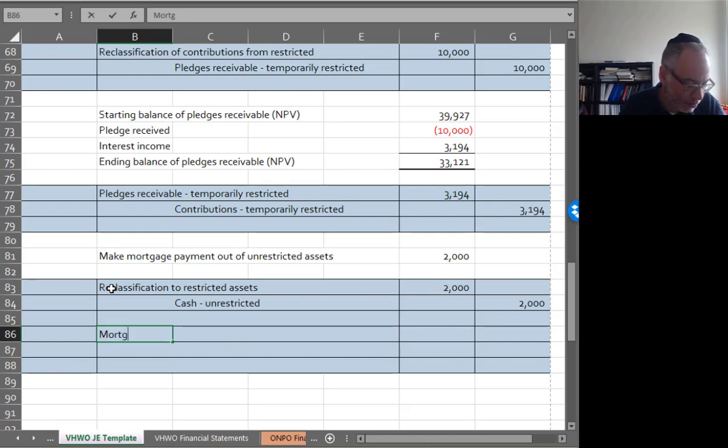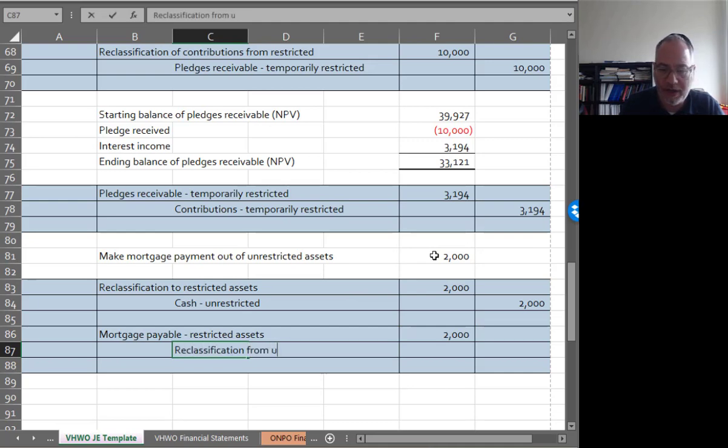And I'm going to move the mortgage payable. For some reason, the mortgage payable is in restricted assets. I can't tell you why. Debit it $2,000, and credit reclassification from unrestricted assets, $2,000.